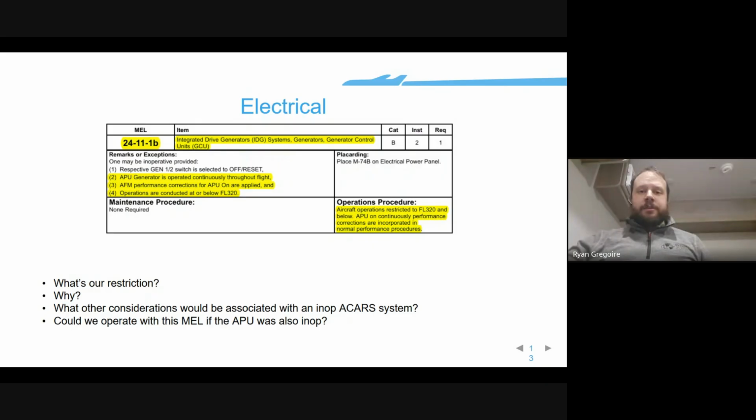And again, that flight level restriction 320, that is because our APU works better at lower altitude. It doesn't work as well at higher altitudes. So since we're going to be running it the whole flight, we don't want it to also fail. So we're going to be down at 320, even though the APU is capable of running at higher altitudes.